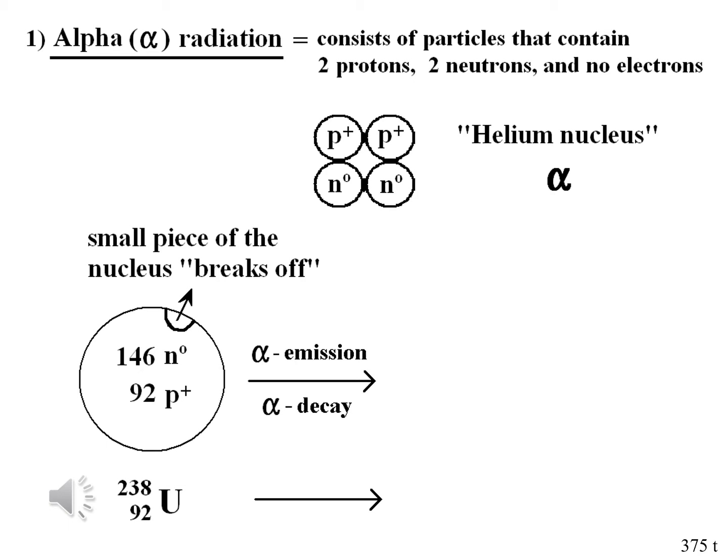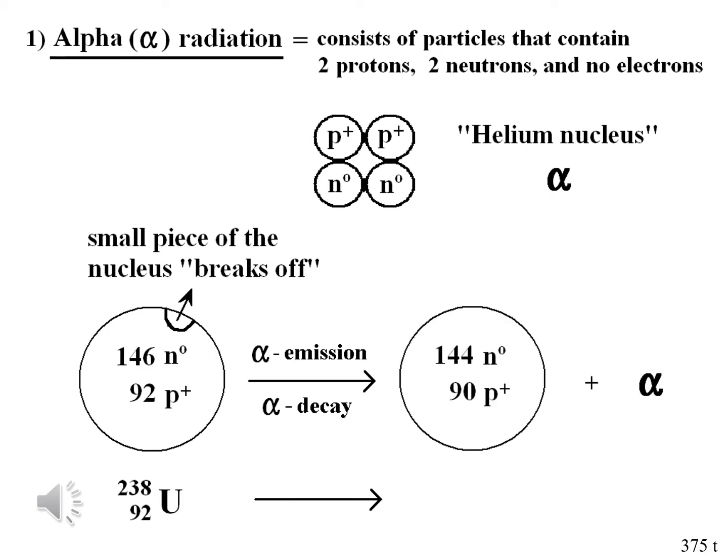Uranium-238 is known to do this. All that's happening in alpha emission is that a little piece of the nucleus is breaking off and getting shot out, and the little piece contains 2 protons and 2 neutrons. Now remember, you can always figure out how many neutrons there are by taking the top minus the bottom in the symbol.